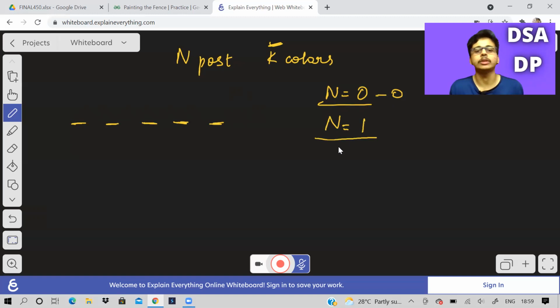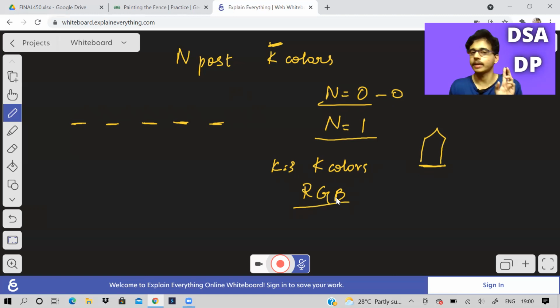What about n equal to 1? Suppose there is only one post and you have k colors. Suppose k is equal to 3, just for example, RGB: red, green, blue. Then how can you color it? You can color it with red or with green or with blue.